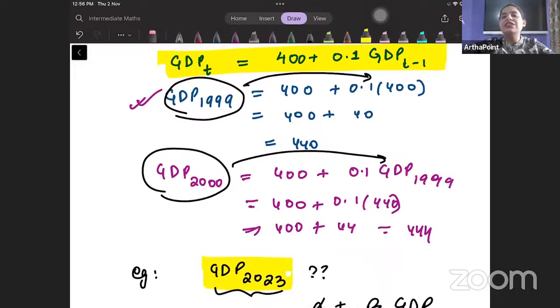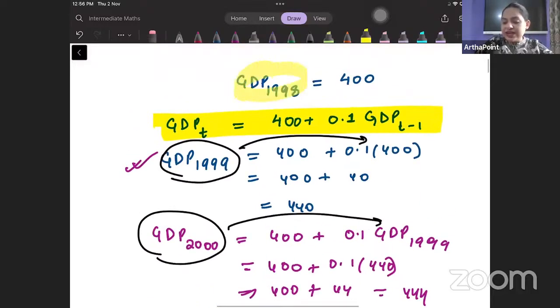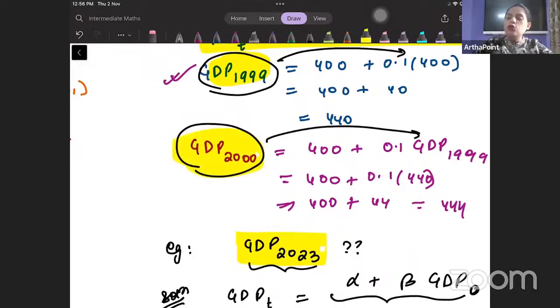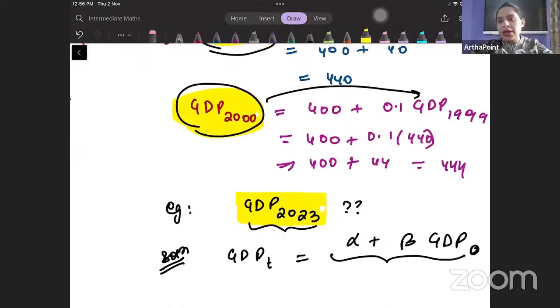I should not have to do this 23 times, first working out 1999 from 1998, then 2000 from 1999, then 2001, 2002, and so on. That is not my aim.